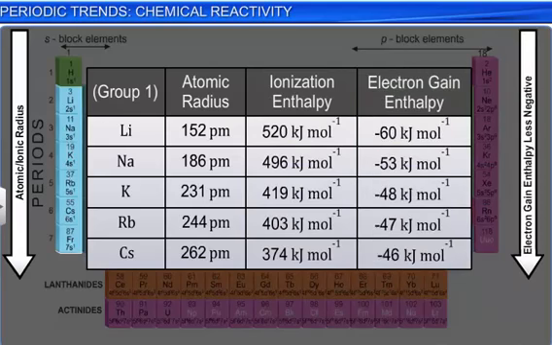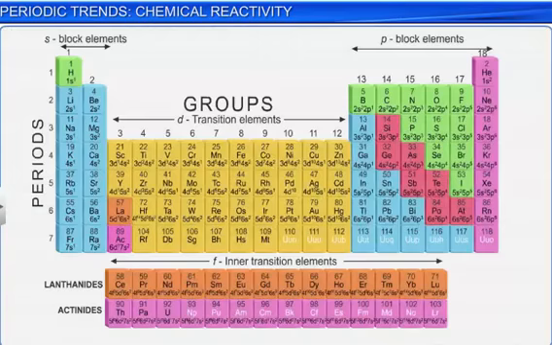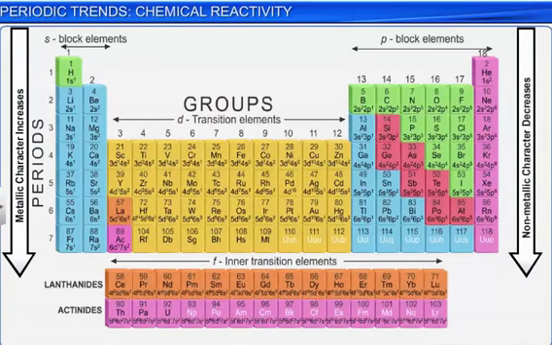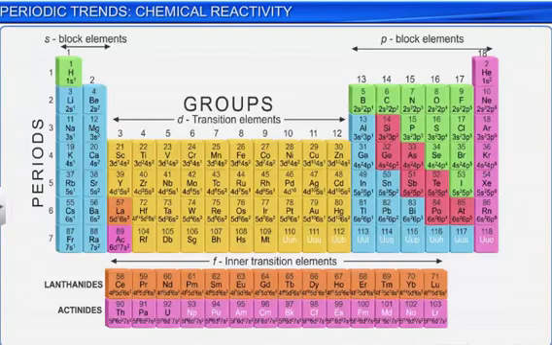Also, the metallic character increases down the group while the non-metallic character decreases down the group. Therefore, the chemical reactivity increases down a group for alkali and alkaline earth metals, while it decreases for halogens down the group.